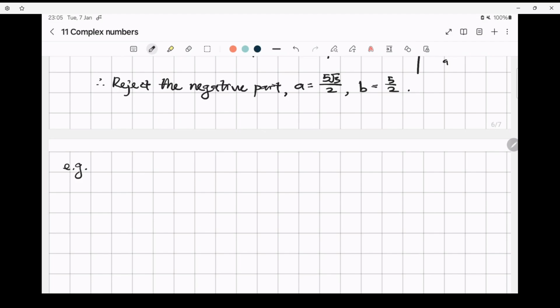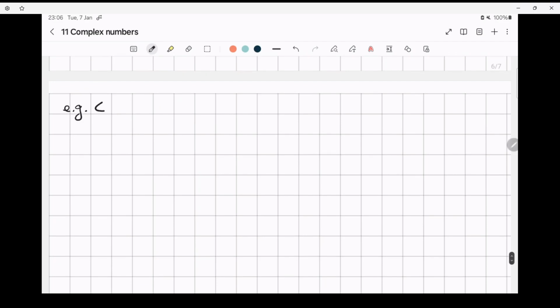So let's look at the final example of the day. Okay, given that z equals r times cos theta plus i sine theta, show that z squared is r squared.